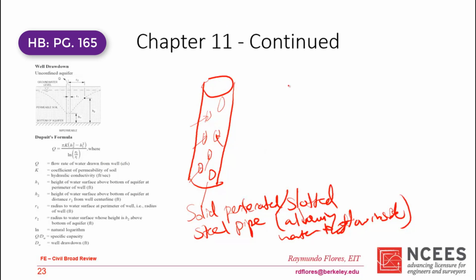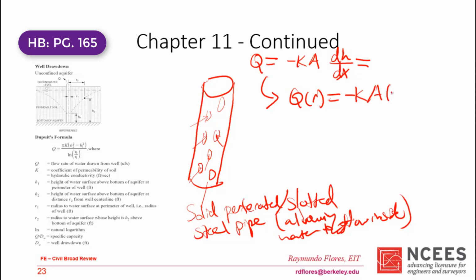So if I go back to that equation, which we're going to solve, let's go back to Q equals minus K A dH over dx. By the way, we're going to transform this, as we were starting to do, to Q of R equals minus K, because K is a constant no matter what, times A of R times dH of R divided by dr. You don't need to do anything fancy to do that.